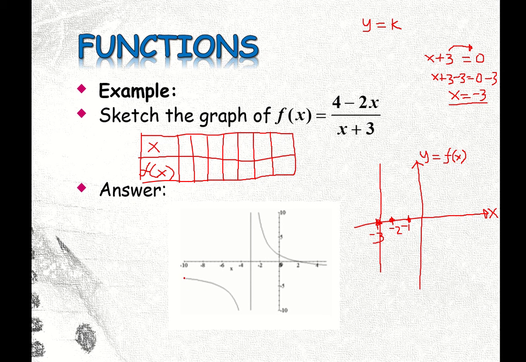Take note that no matter how close you make the value of x to this line, it will never touch it. The function will just go closer and closer to this line, but it will never touch. It will then jump up here, then continue.